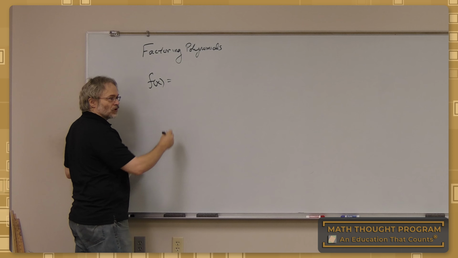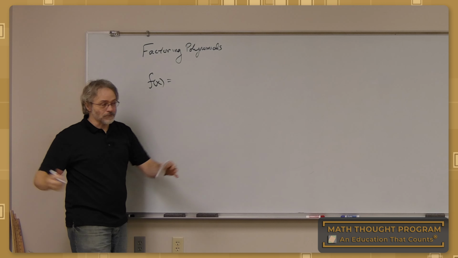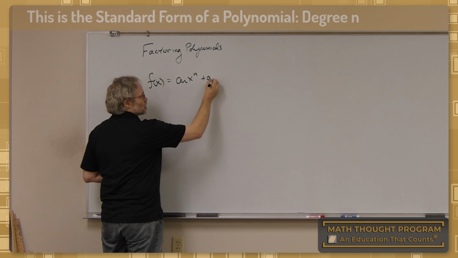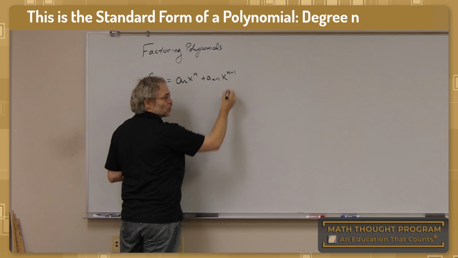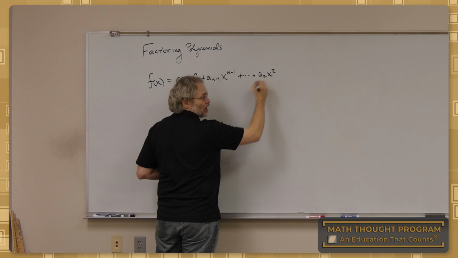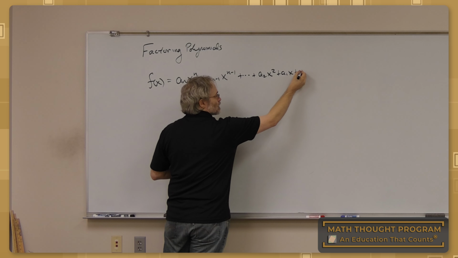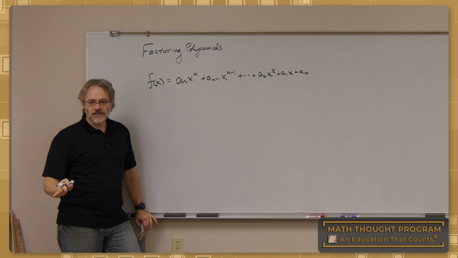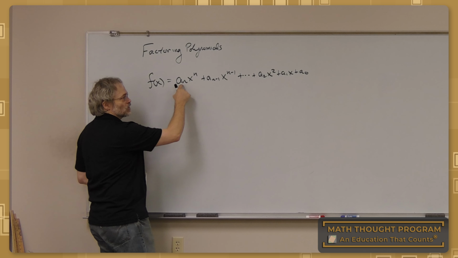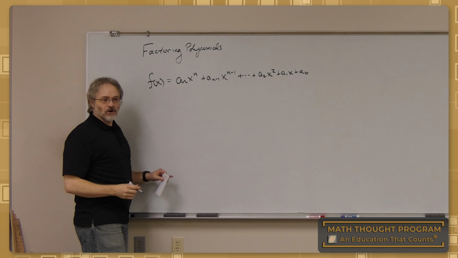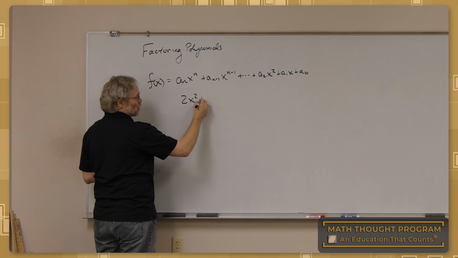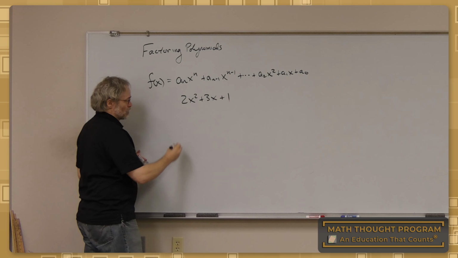So if I was to open this thing up, in general, it would be something like a sub n x to the power of n, a sub n minus 1 x to the power of n minus 1, all the way down as far as you need to, a2 x squared, a1 x, a naught. Every single one of those coefficients, a naught, a1, a2, is going to be real. And all those really represent is just something like 2x squared plus 3x plus 1.